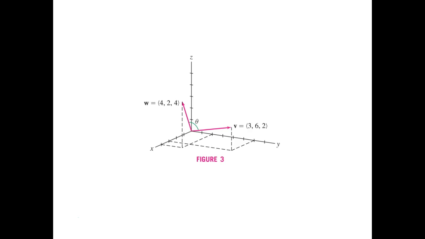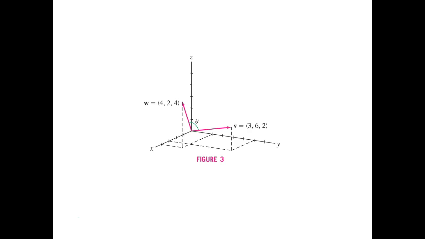Now, it's really hard to get a good grip on this when you're plotting a three-dimensional vector on a two-dimensional board. One of these is coming out of the board at a different angle than the other. But anyway, here is the acute or obtuse angle between those two vectors.